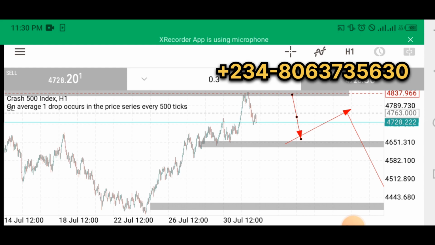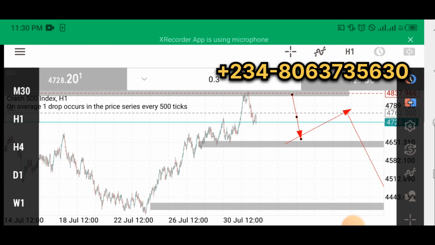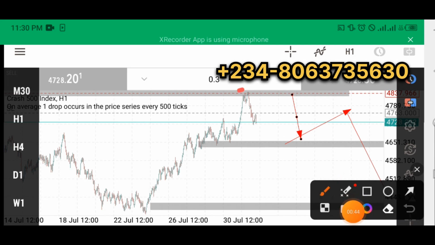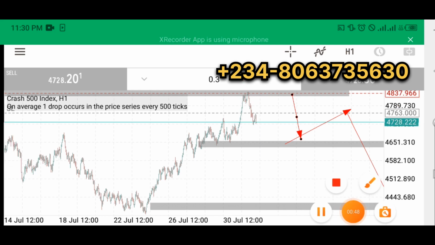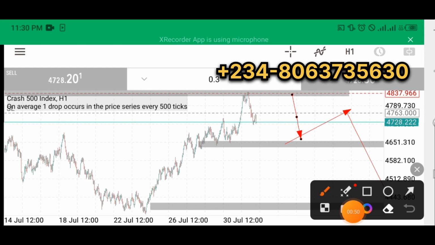No, it's just the minor support level where we see multiple weak rejections, which is this one here. We had multiple weak rejections here. So this is where we fished out our intermediate level.